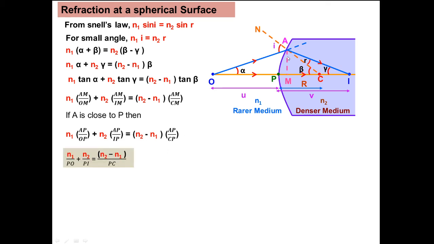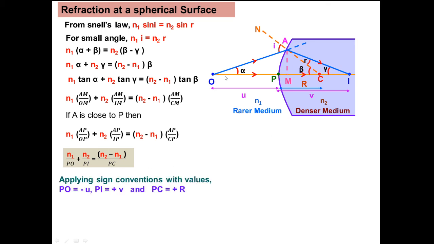Now N1 by OP we can write as PO, since all distances are measured from the pole, plus N2 by PI equal to (N2 minus N1) by PC.